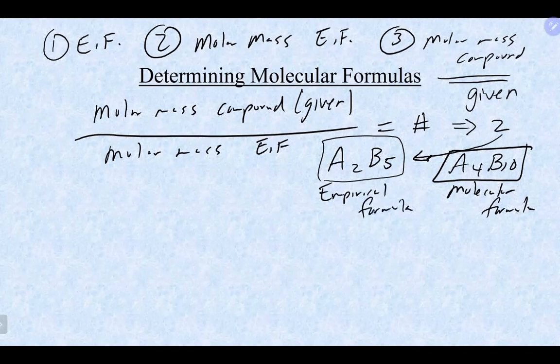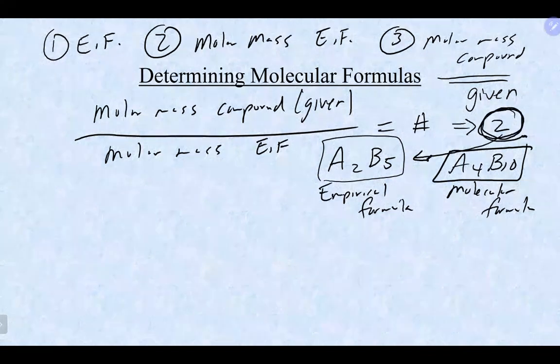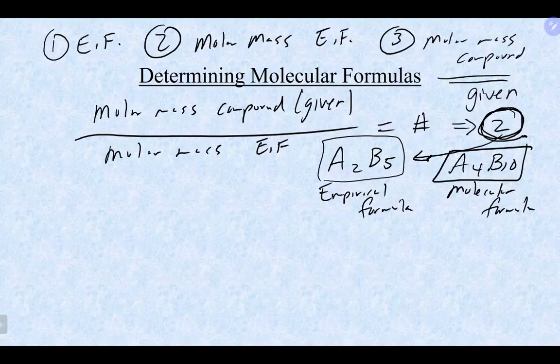The one place where it's okay to round, even if it might not be really close to the whole number, is when you're calculating this factor, because the molecular formula and the empirical formula are related by a whole number ratio. Sometimes you have a range of molar masses or an approximate molar mass that is not perfectly exact.